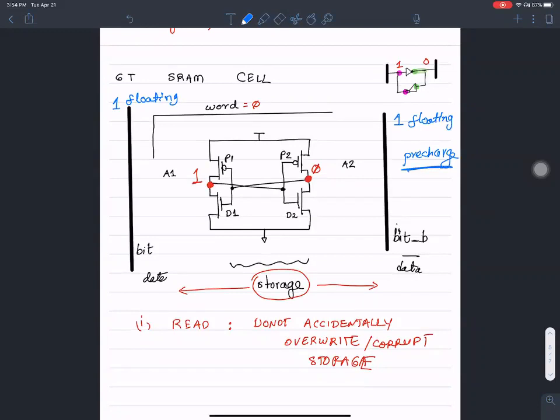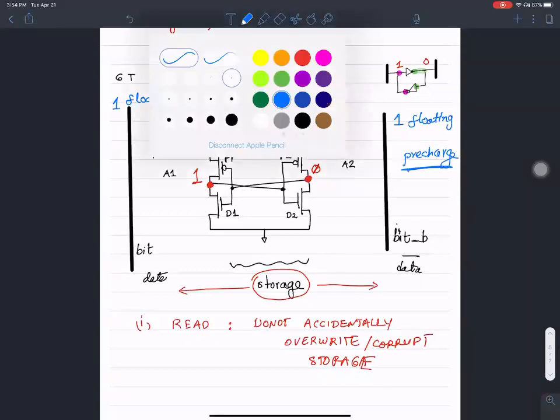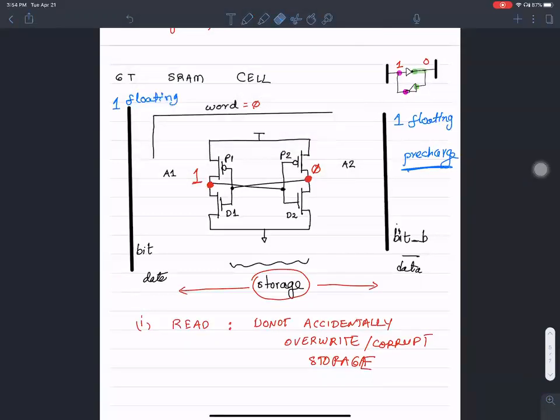We don't make a continuous connection to the power supply. So both of these lines, bit and bit bar, are pre-charged to 1 and left floating. Then in the next cycle, the word line becomes 1.